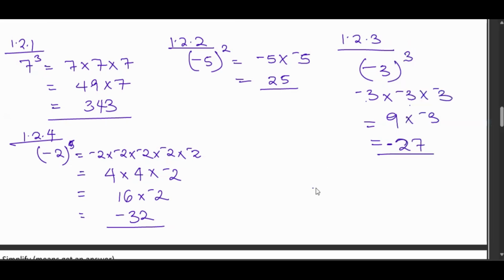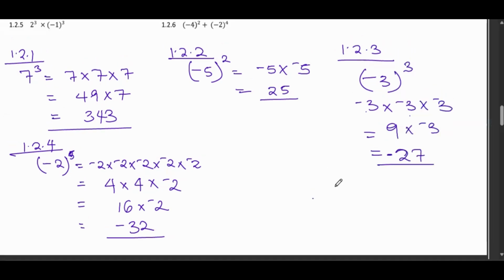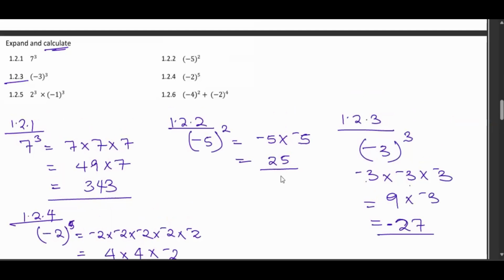Okay, we look at question number 1.2.5. We are dealing with exponents and laws of exponents. So we have 2 to the power 3 times bracket negative 1 to the power 3. What do we do first?